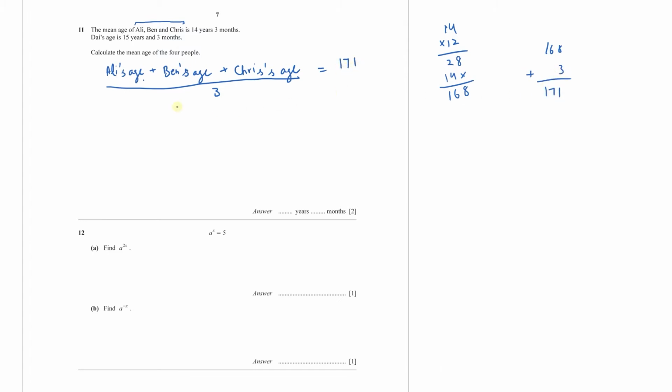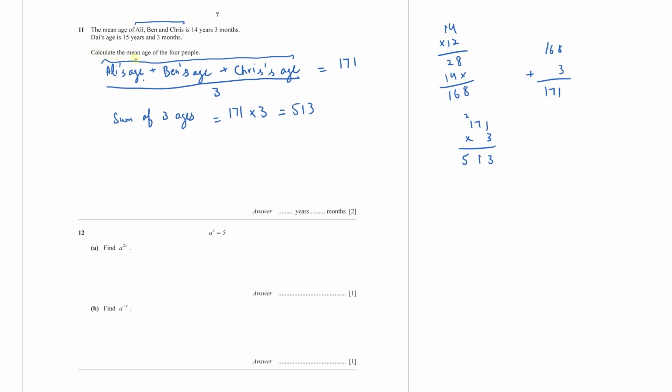So let me call this the sum of the three ages of Ali, Ben, and Chris is equal to 171 times 3, which is 3 ones are 3, 7 threes are 21, 3 ones are 3, 513. So your sum here is 513.